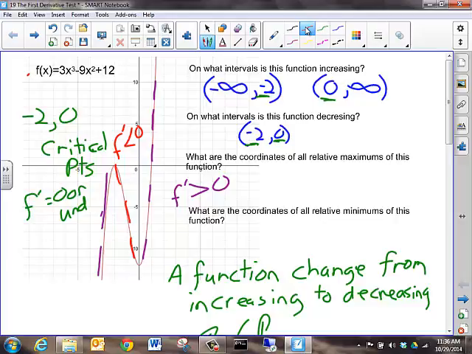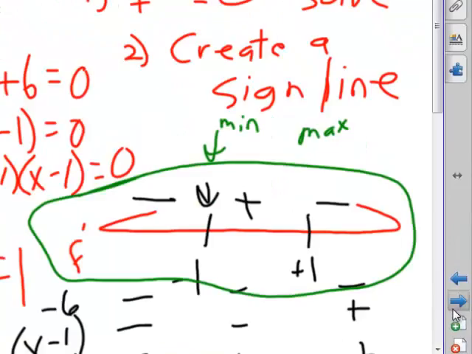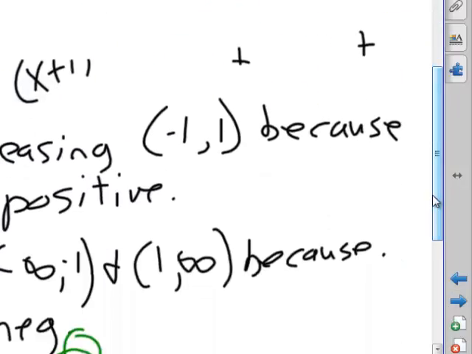So let's see if we can put all of this together with something that we've never seen before and work this out, okay? So skip to this page right here for me, okay? Which is probably your next page, if I'm guessing.